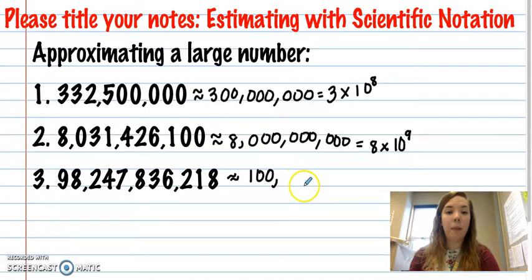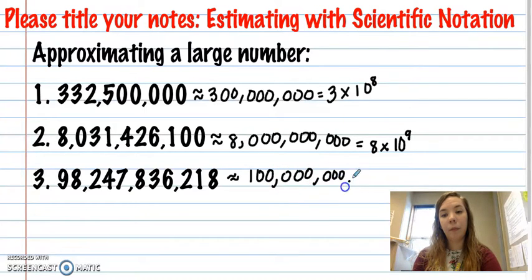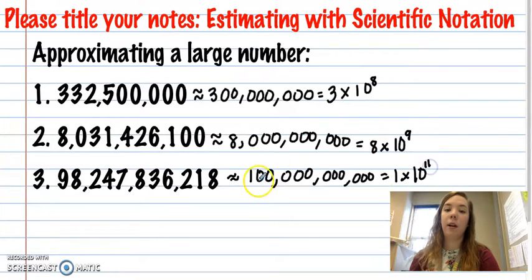So that'd be 100 billion. So this one would be 1, so not 10, just 1 times 10 to the 11th power, because I have 11 digits after that one. So that's how we would do it: first you round it, then you write it in scientific notation, which is this 3 times 10 to the 8th, 8 times 10 to the 9th, and so on.